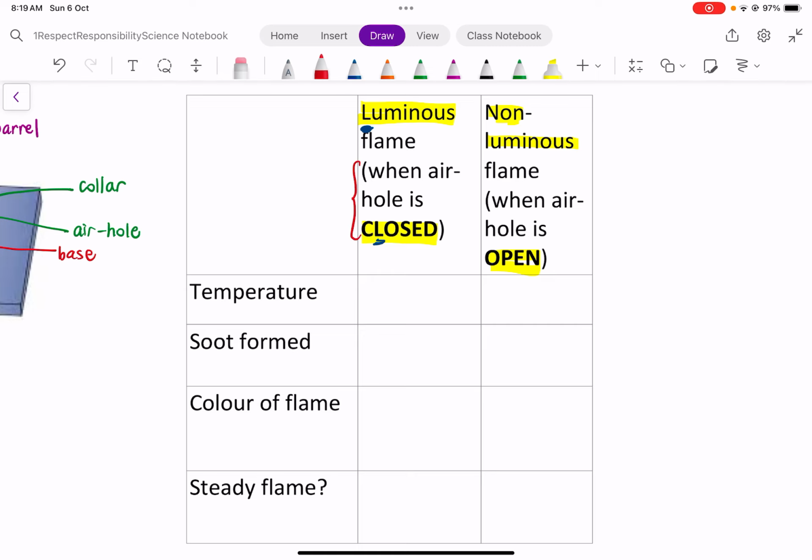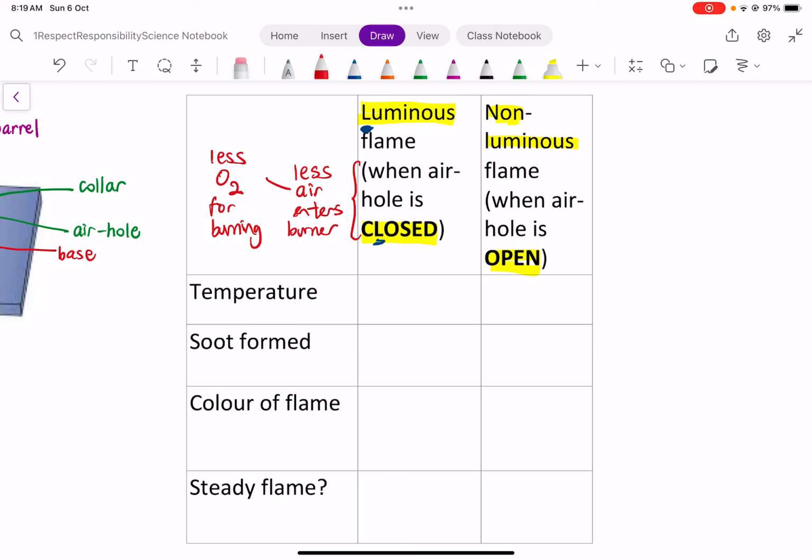If the air hole is closed, that means less air enters the burner. What did we say was present in air just now? We said that air contains oxygen. There's less oxygen for burning as a result of closing the air hole.